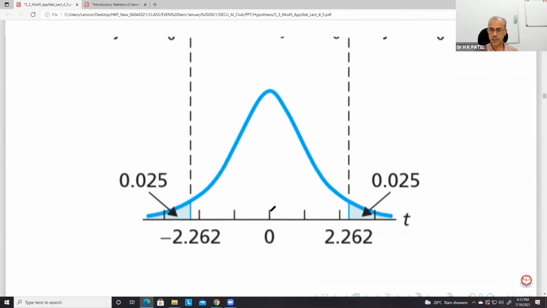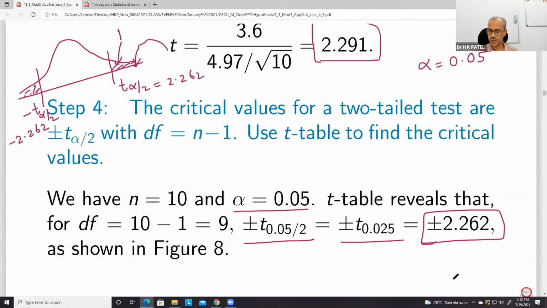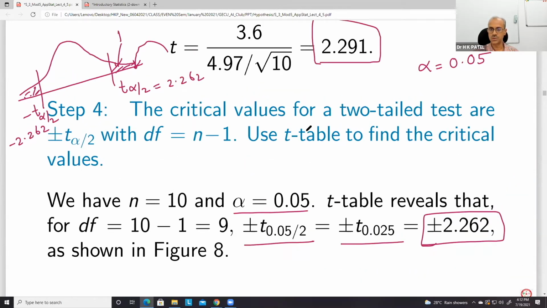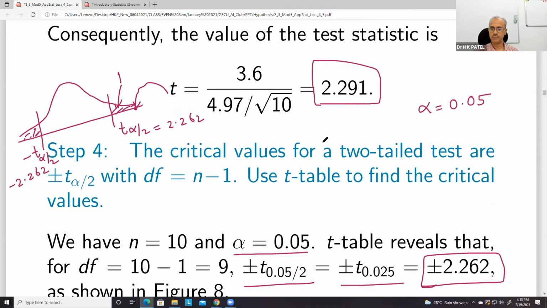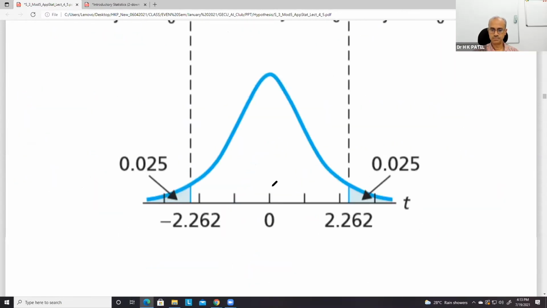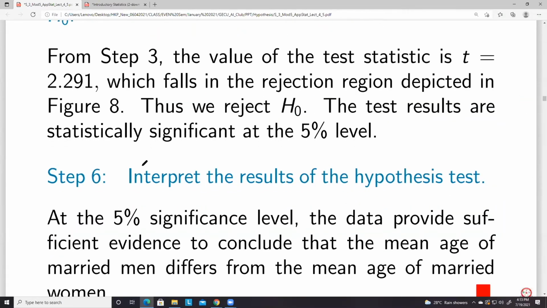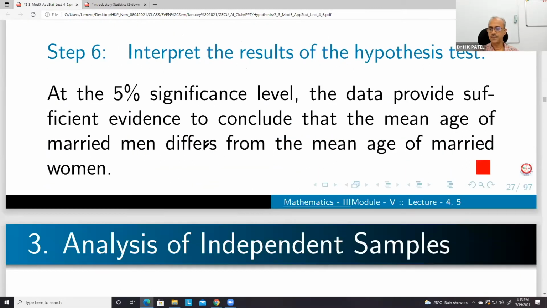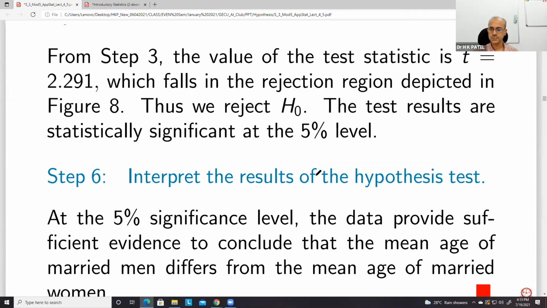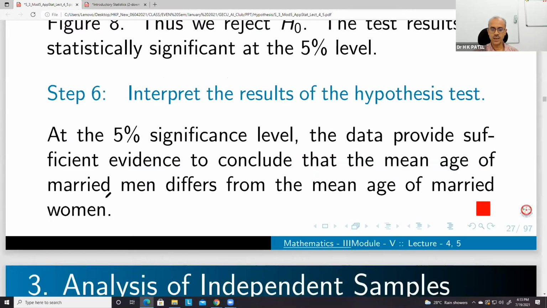Now next is, so this is our critical value 2.262. So interpret the results of the hypothesis test. So conclude that the mean age of married men differ from the mean age of married women because we have rejected the null hypothesis.